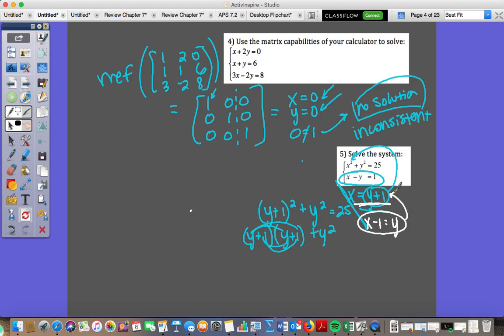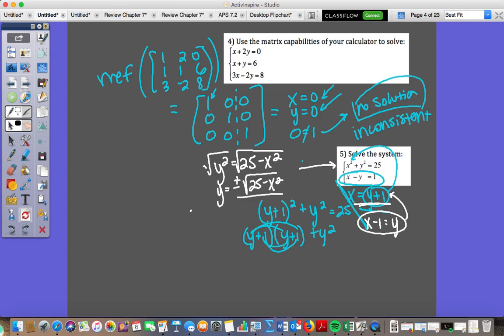To get y by itself over here, to use it in my calculator, I could subtract x squared to get y squared is equal to 25 minus x squared. And I think a lot of us remember from the homework and the quiz that when I square root this on either side, I would get y is equal to plus or minus the square root of 25 minus x squared.